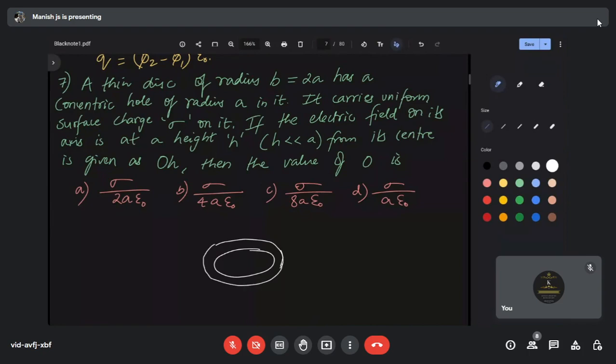So this is the thin disc with a concentric hole in the center. This is the center. Yeah, so this is the figure. Try it and tell me what you're getting.